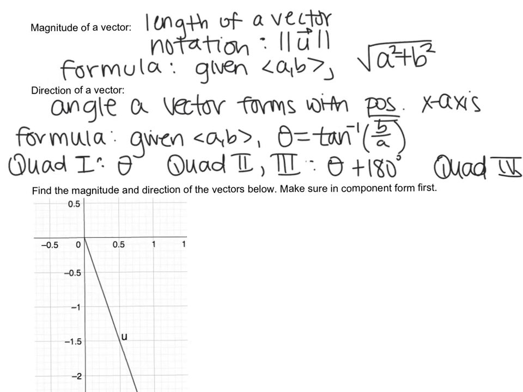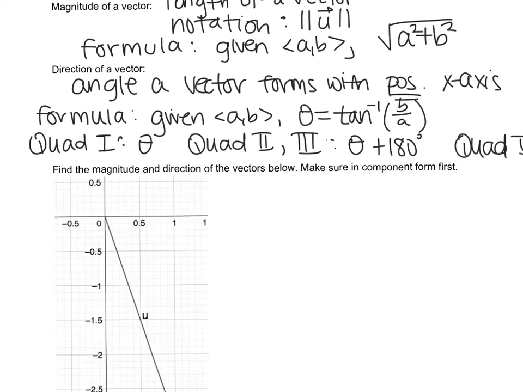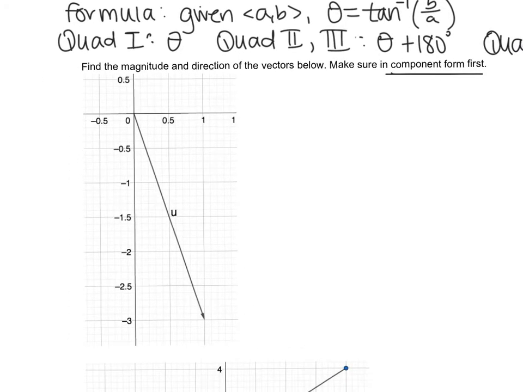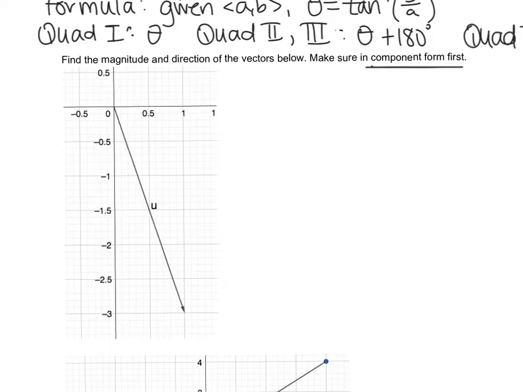So now we're going to do a couple examples where we find the magnitude and direction of our vectors. And the important thing here is that we have to be in component form first. So these are the exact same vectors as before. So our vector u, already in component form, u equals 1, negative 3. We're going to start with its magnitude.